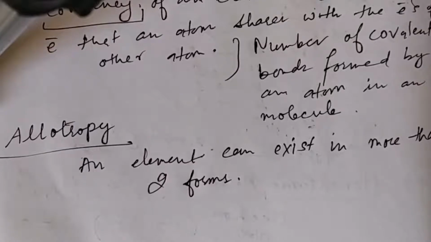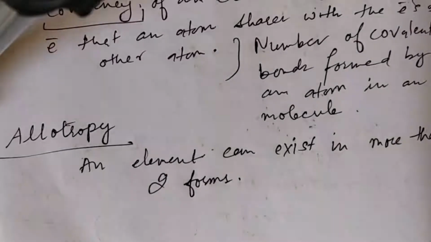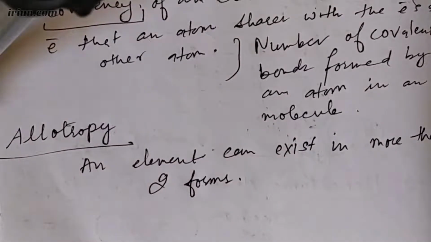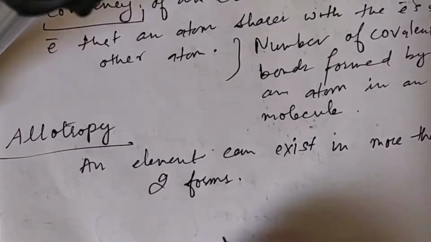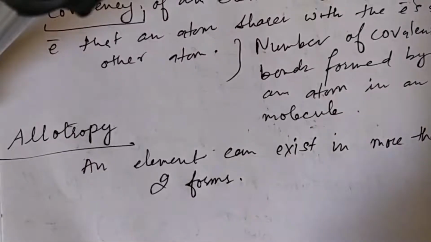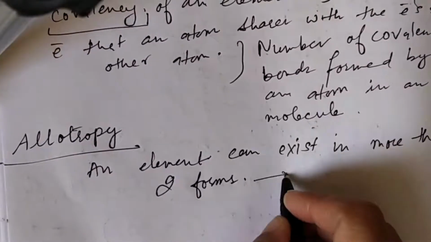If we explain the property of allotropy of carbon, we can say that in allotropy, carbon mostly exists in the form of both crystalline as well as amorphous nature.